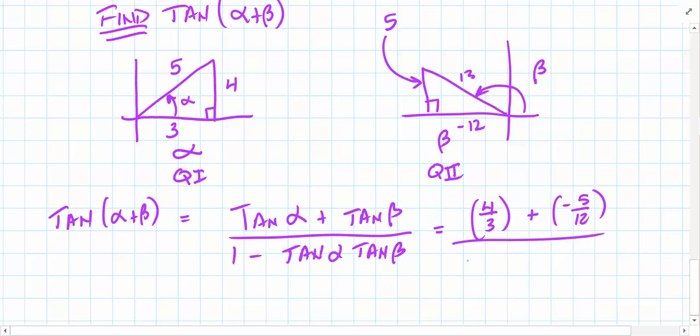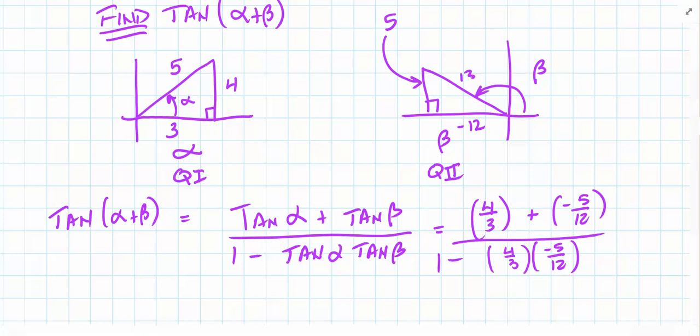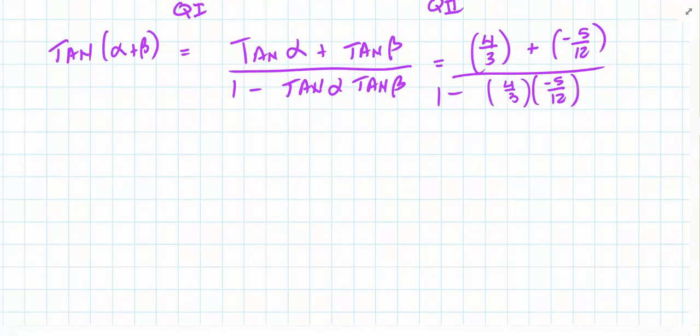On the denominator, I've got a 1 minus the product of those two numbers. So I'm going to have a 4/3 and a negative 5/12 because that's what the formula says, the product of those two numbers together. I know it doesn't look that bad, but these can get really confusing in terms of what we do with our fractions.